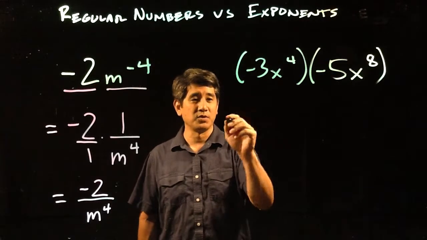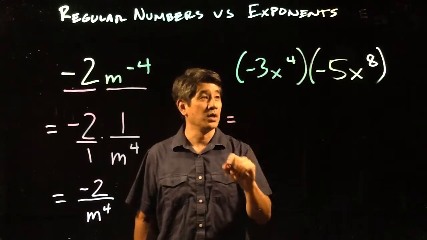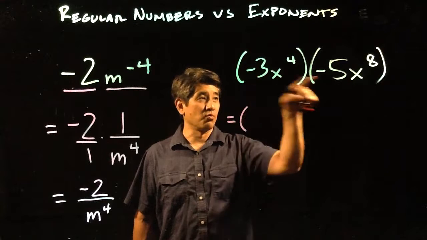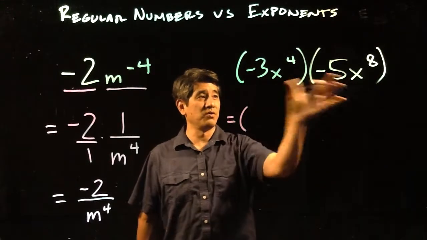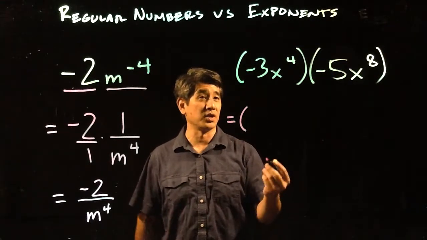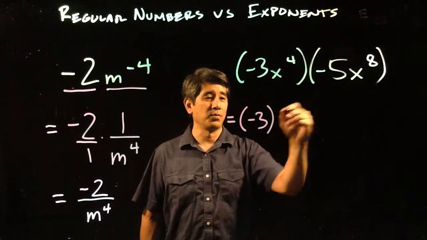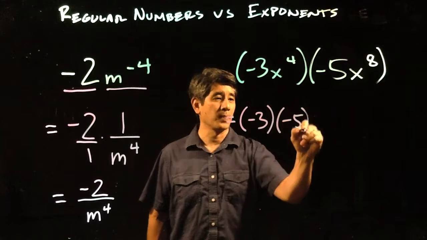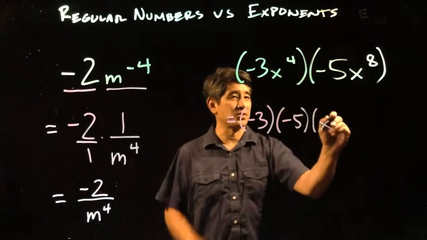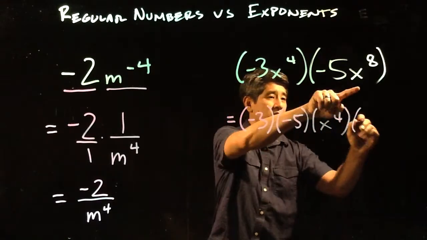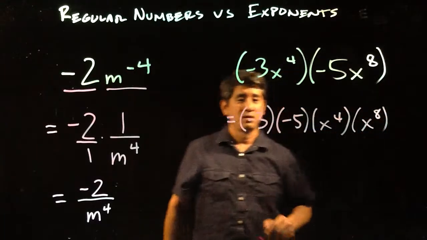Okay, so in fact, I'm going to do this one like a different problem I did, is I'm going to just kind of rearrange this. I'm going to use the commutative property of multiplication so you can better see it. I'm going to put the negative 3 here times, and I'm going to put the negative 5 here, and then x to the 4th and x to the 8th. All right?